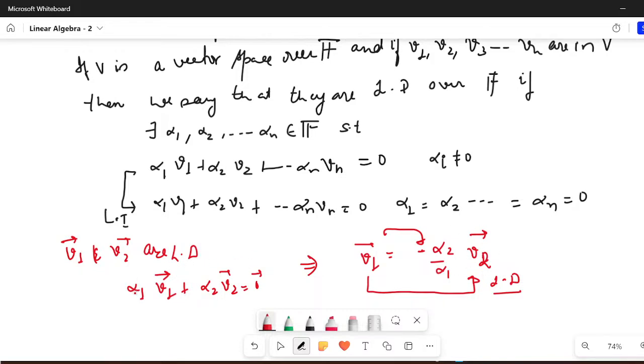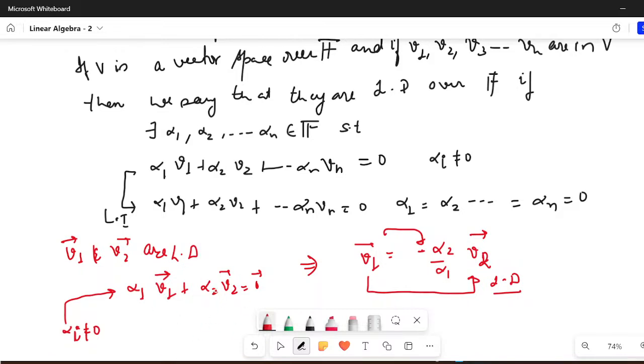In other words, if alpha 1 v1 plus alpha 2 v2 is equal to the null vector such that the alpha i's are not equal to 0, then we will say that v1 and v2 are linearly dependent on each other.